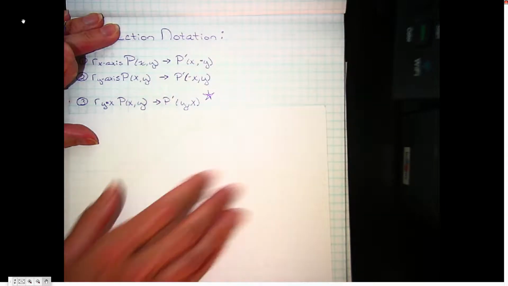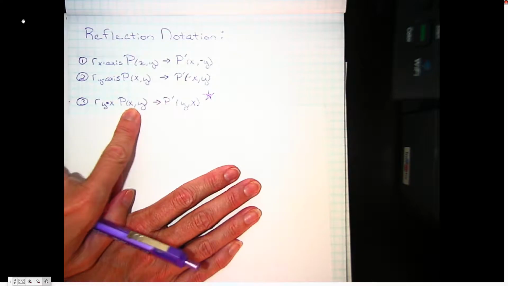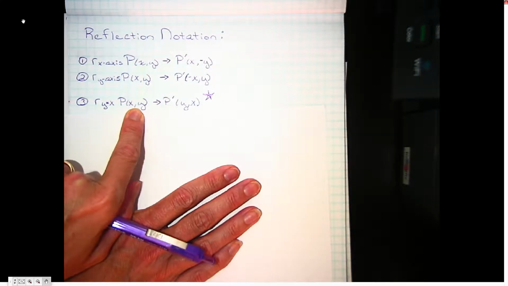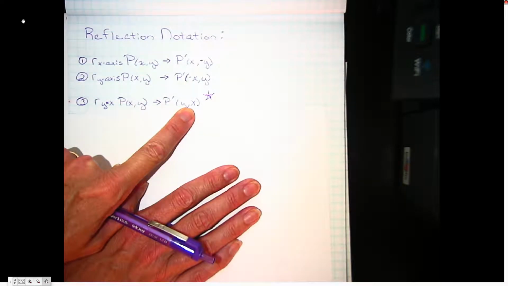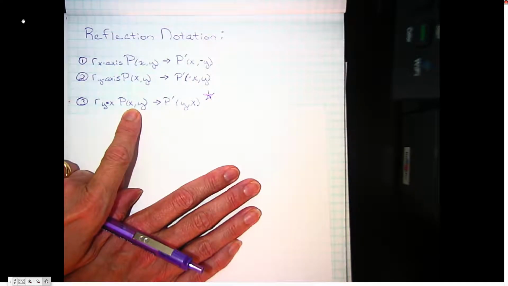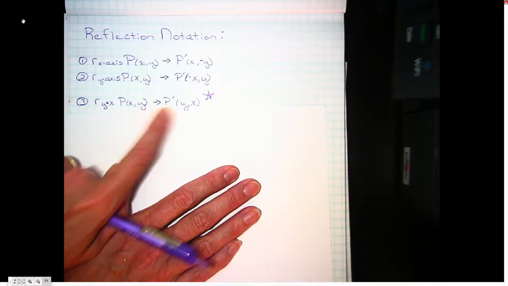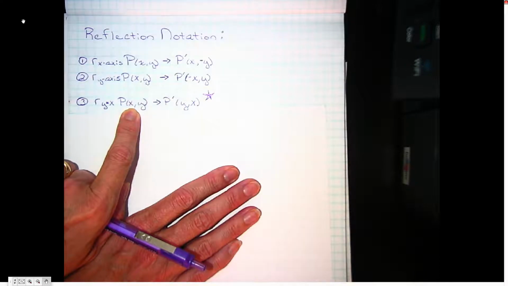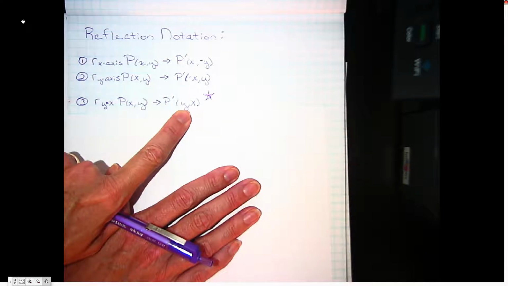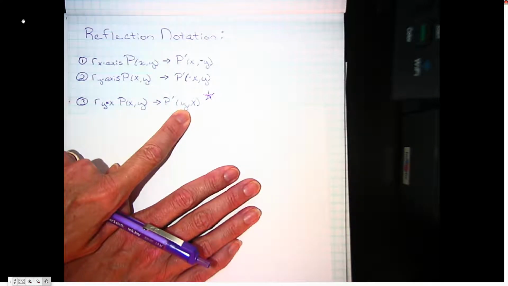So the way you're going to do that in the rule, and you'll definitely want to put a star by this because you need to memorize this one, is another new rule. All it says is that you're going to take the xy of your pre-image and swap them. So if this was 2, 5, this one would be 5, 2. If this one was negative 6, 3, this would be 3, negative 6. You're not changing the signs of anything, you're just swapping the two numbers.